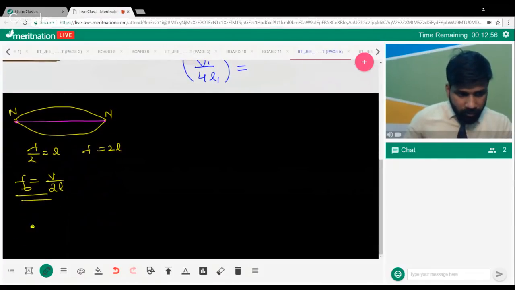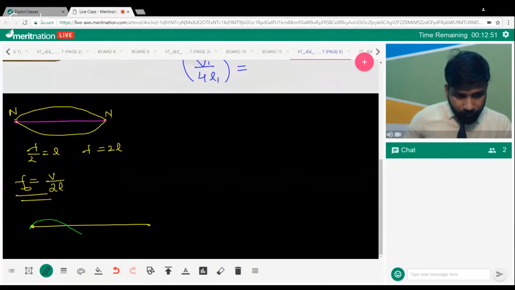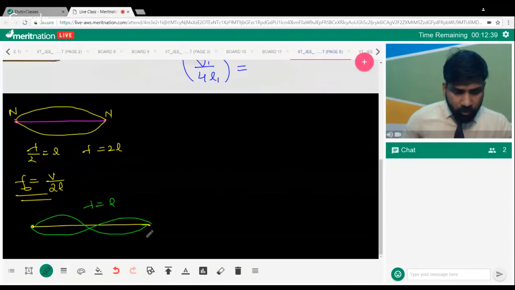Now what will be the next case? This will be our second situation. Here this is lambda, so lambda is equal to L. So the frequency is V by lambda.